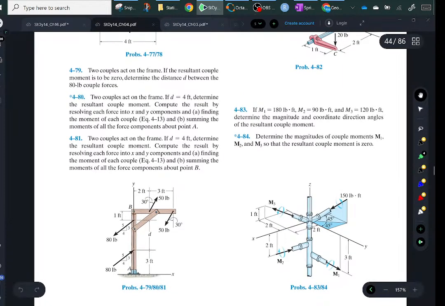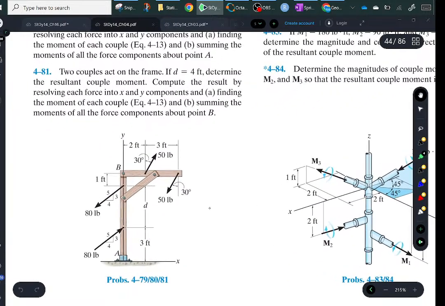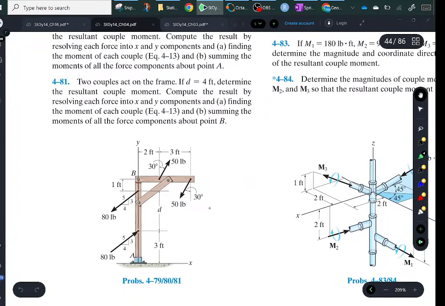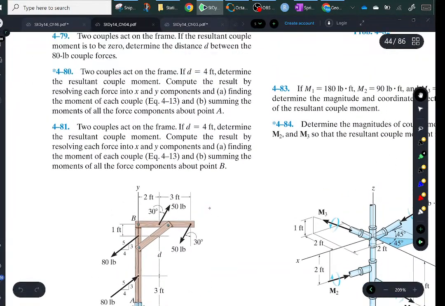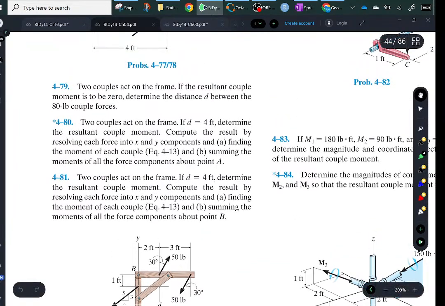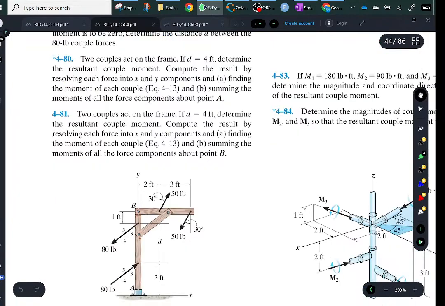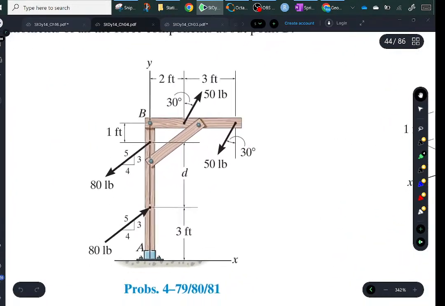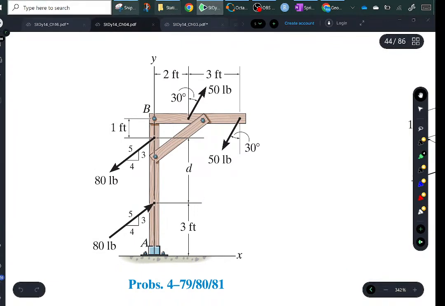I'm looking at this one right here. Find the moment of each couple. Yeah, okay, that looks good enough. What is the D though? D is 4 feet here, and D is 4 feet as well here. So we'll just do this one, and remember that's 4 feet.